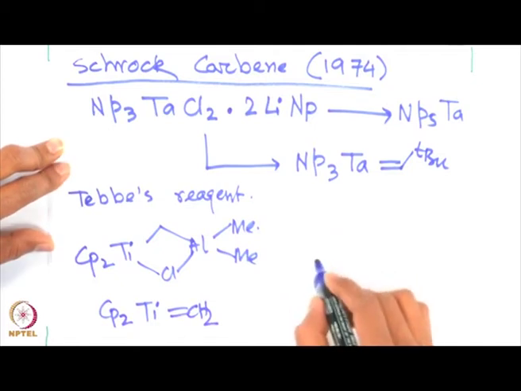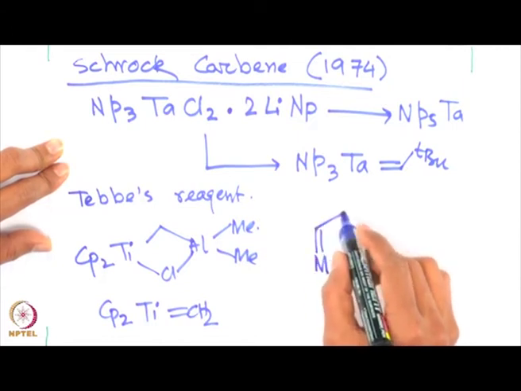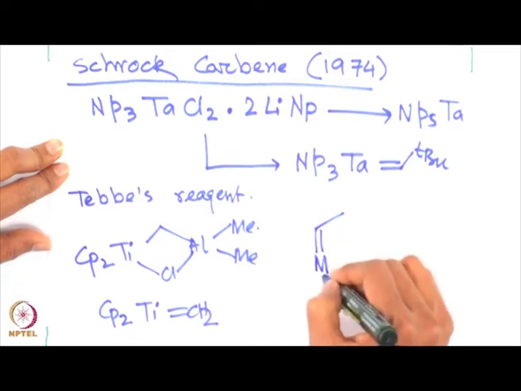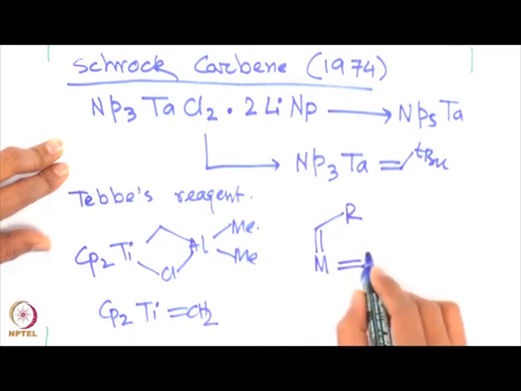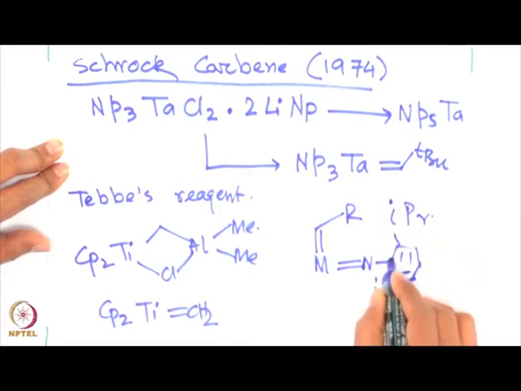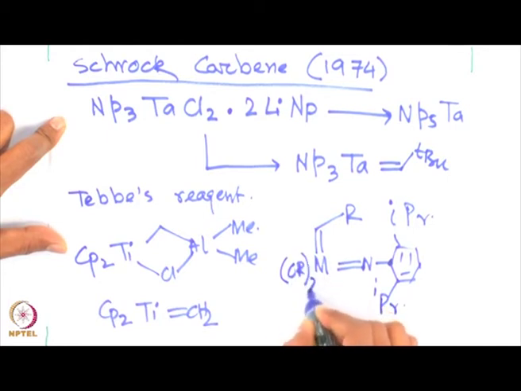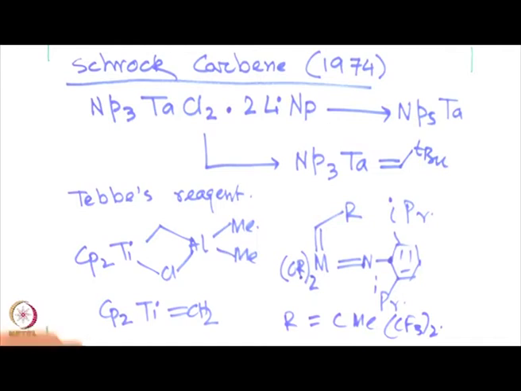Most often nowadays the Schrock Carbene that people are mostly familiar with is the one with the molybdenum complex, where this molybdenum is in the +6 oxidation state, and we have the alkylidyne counterpart where the 2 isopropyls are associated with this amine center, and your metal is associated with 2 alkoxides, where this alkoxide R is CMe(CF3)2.